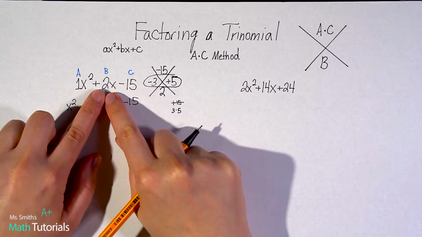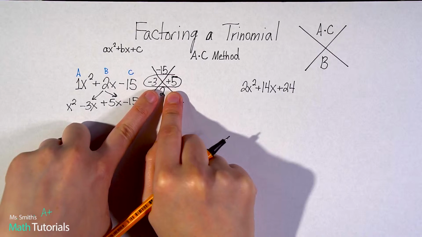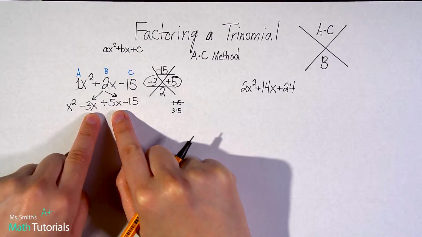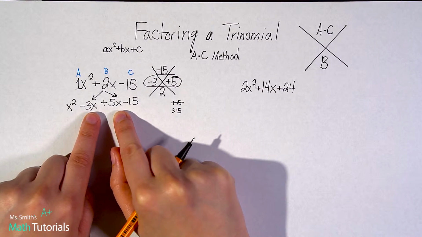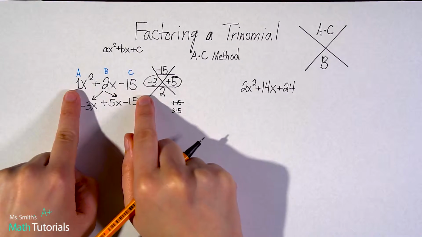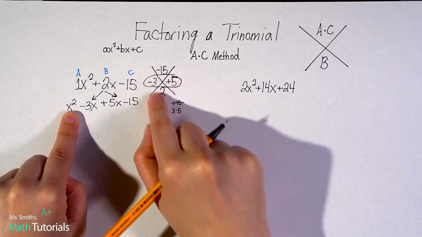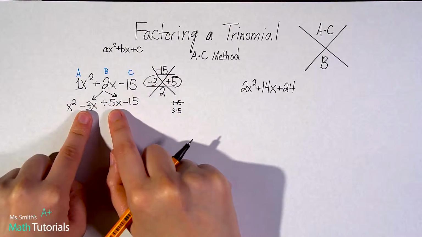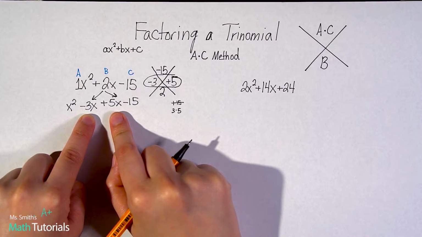I took my B value and I split it in 2 using these 2 terms. And I made sure I put an x with them because my B value has a coefficient of x. Okay? We turned this trinomial into a 4-term problem. That was the point of doing this, so that we could get the right numbers with the right signs and have it be correct.